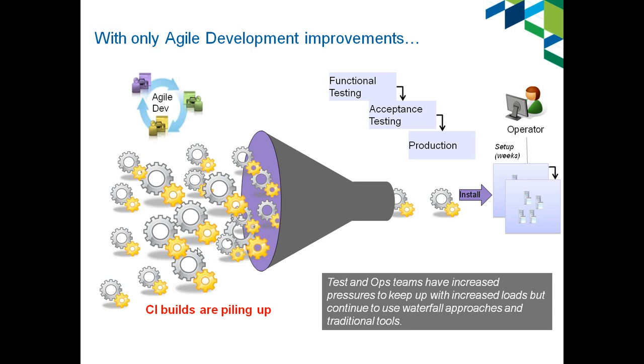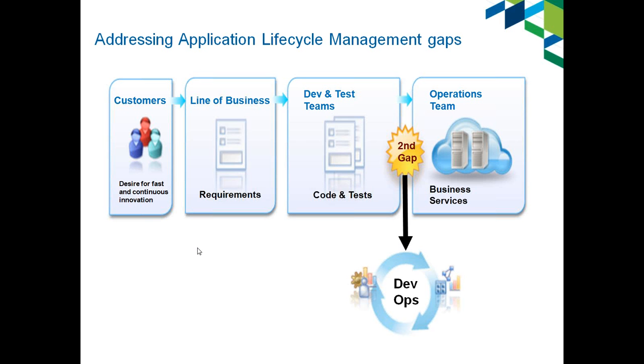So if you're slow at deploying, you're really slowing down and narrowing that funnel of all of those agile builds and negating some of the benefits that you get from having those continuous integration processes. So it's a second gap really that we're trying to address with DevOps, and that's the reason why we're here, and those are the reasons why customers come to talk to us.